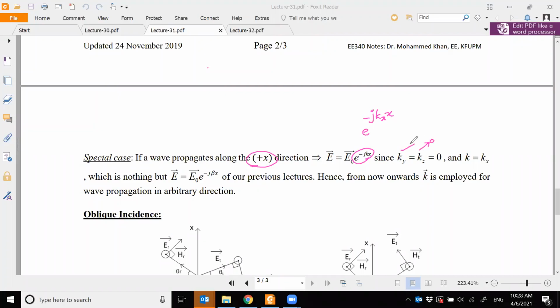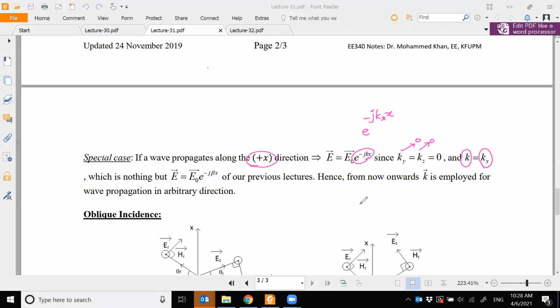They all turn to 0. Therefore the total propagation constant K has only the Kx component, and that's why instead of writing Kx x, I'm writing just k times x.